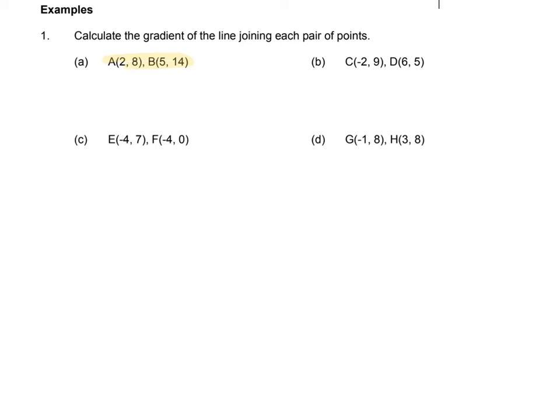Okay, so we'll do a couple of these with you and then I'll let you loose. So if we look at A, we have 2 coordinates here. We have the coordinate 2, 8, and we also have the coordinate 5, 14. So for one of them, you call one of them x1, y1, and for the other one, we call it x2, y2. So to get our gradient, we need to write down our formula.